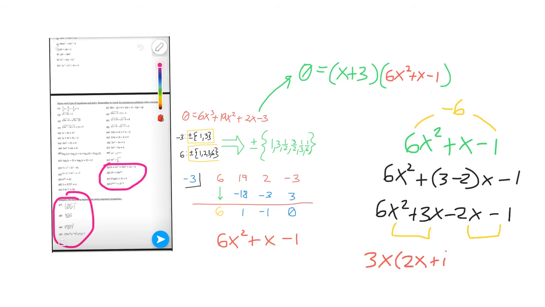Factoring by grouping now would result in me saying 3x times 2x plus 1 minus, it's really a minus 1 here. I'm actually going to write that even though it's kind of sloppy looking. 2x plus 1. Now, what prompted me to write the minus 1? Well, I knew that I needed to get the same parentheses over here. So I immediately in my head asked myself, okay, I want 2x plus 1 to be in parentheses over here.